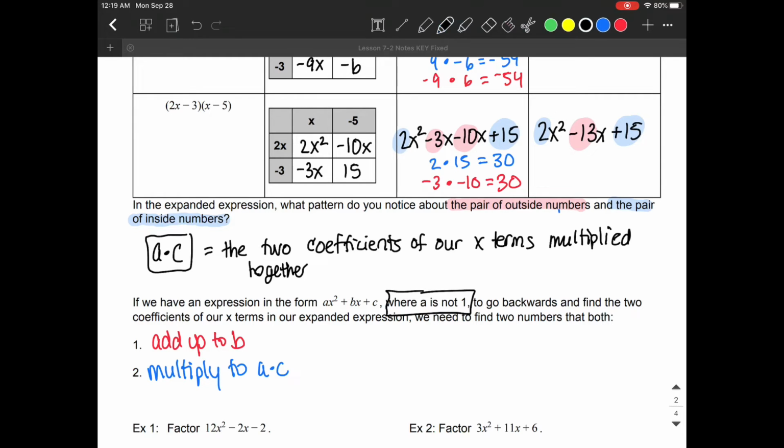So we can use the diamond again for this. We need two numbers that multiply to a times c and add up to b.